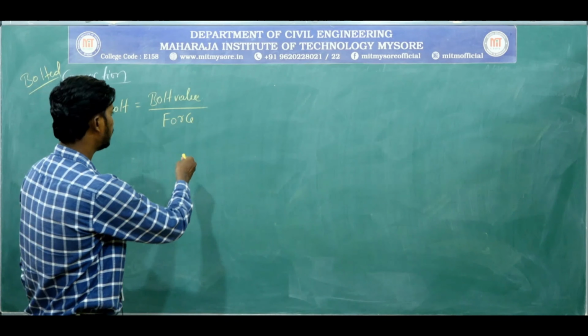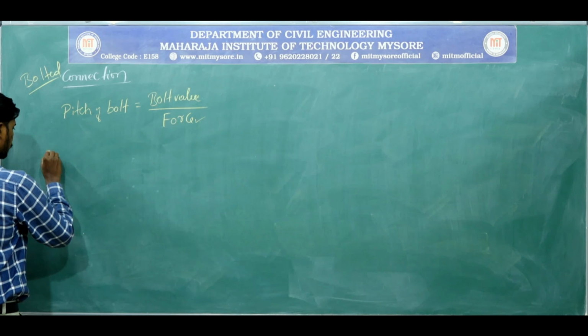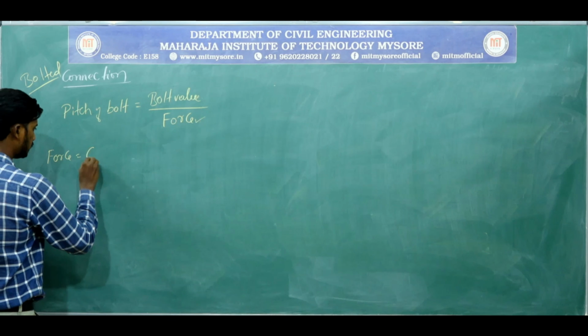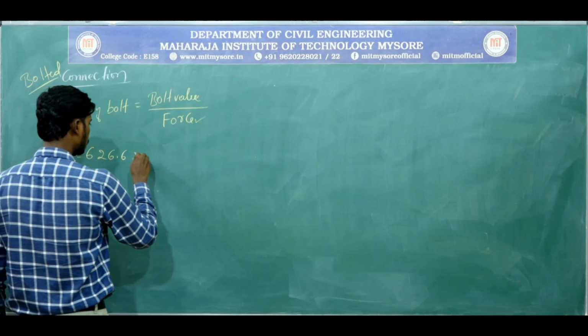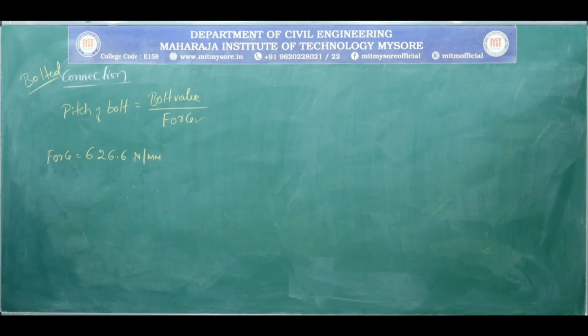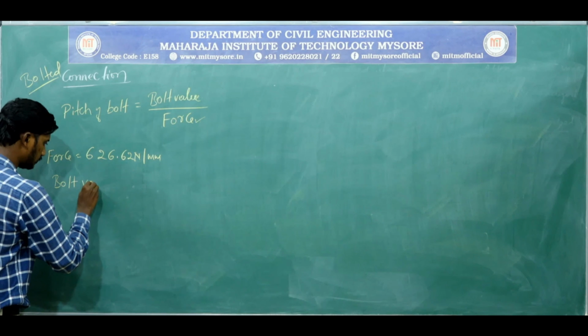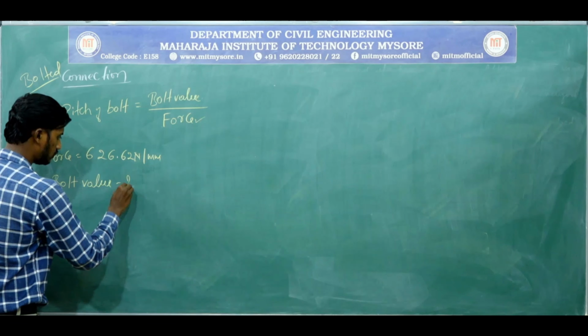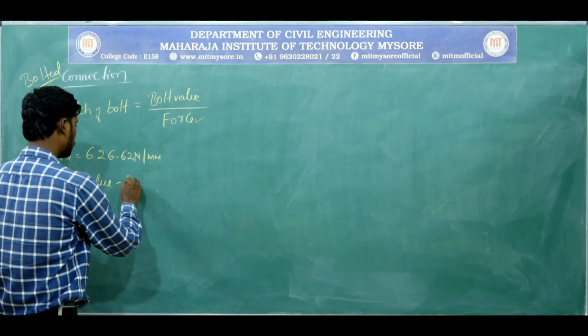We already calculated the force coming on the structure, that is force equal to 626.62 Newton per millimeter. So what we should calculate here is the bolt value. So how to calculate the bolt value?